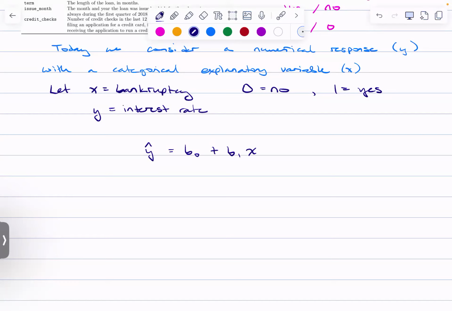So in our case, we're going to have some predicted interest rate with some intercept and some slope on bankruptcy. Bankruptcy can only be 0 or 1. And so instead of it being the slope, it still kind of works, but bankruptcy only moves between 0 or 1, right? And so here, this is 0 or 1.